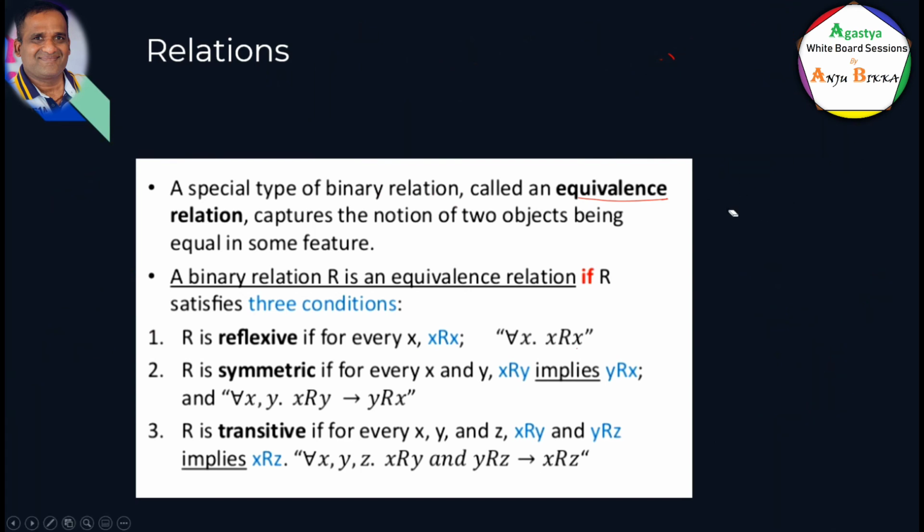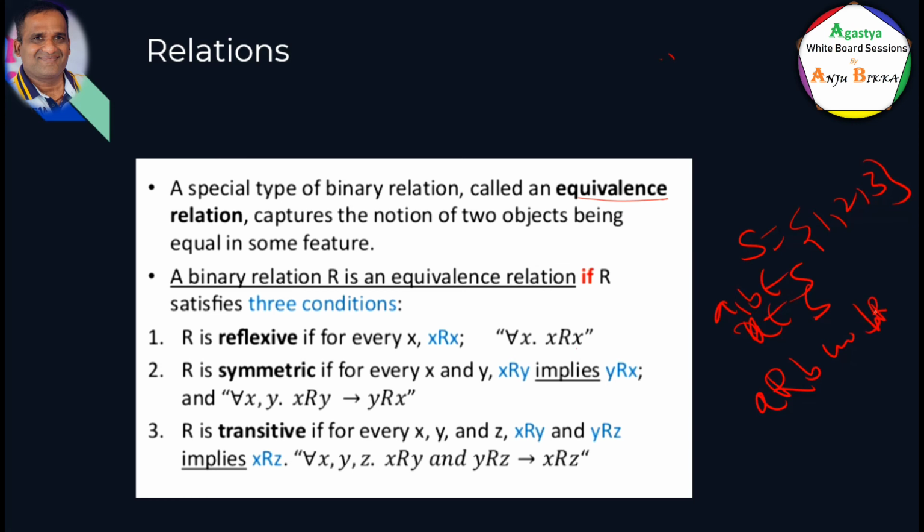If we take S = {1, 2, 3}, then for every x and y, or we can say a and b belonging to S, aRb implies bRa.